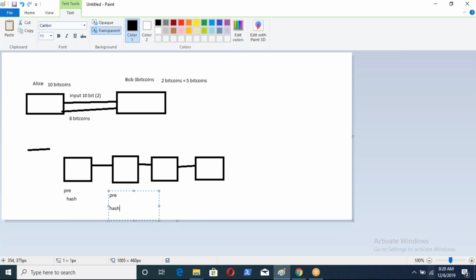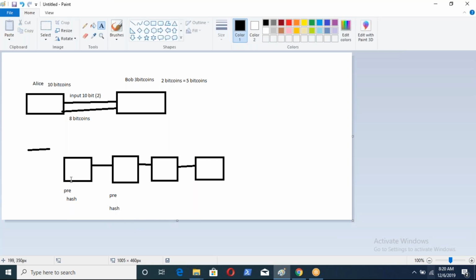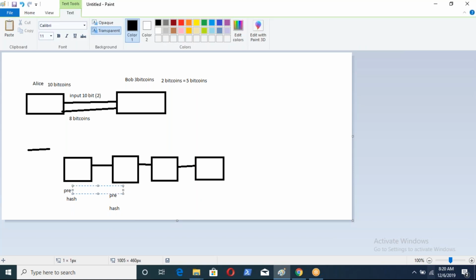For the genesis block, the previous hash will obviously be all zeros, because there are no blocks before the genesis block. Once it is mined, we get some hash, suppose 1 2 3.